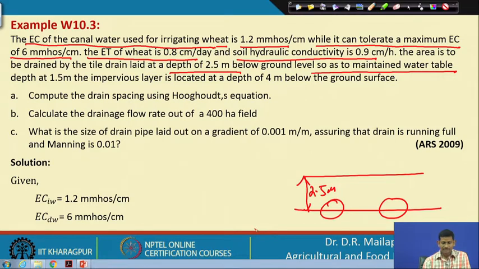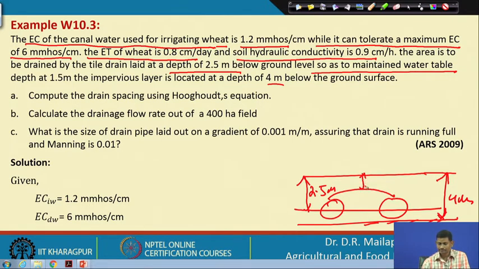The impervious layer is located at a depth of 4 meter below the ground surface.